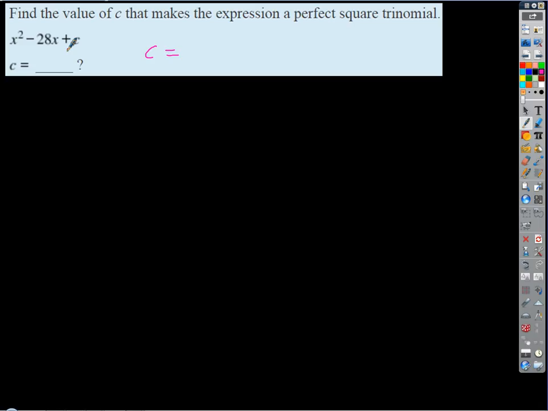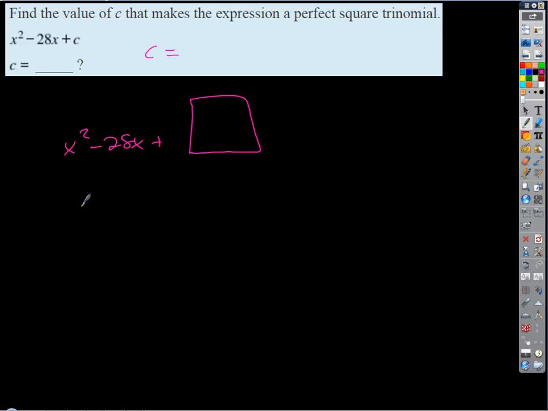Remember what the trick is? If I want to make a perfect square trinomial, I always do. Remember that? What did we do?